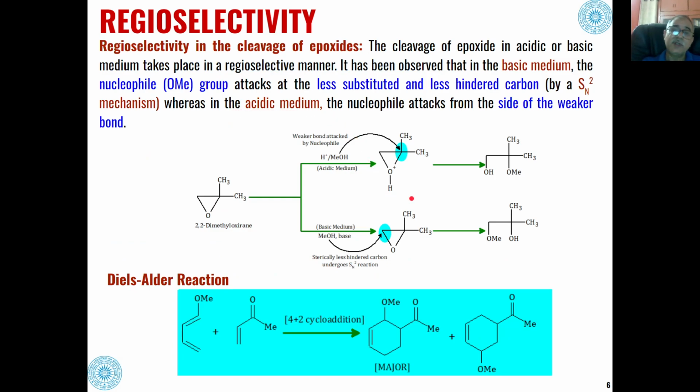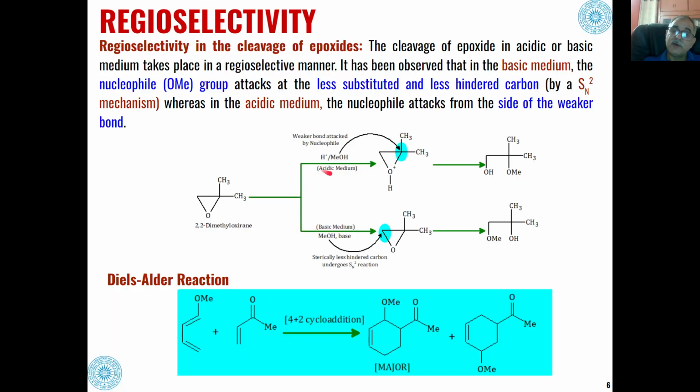Then regioselectivity, as we have seen in the earlier example also, in cleavage of epoxides. So again, for example, if we have this epoxide, 2,2-dimethyloxirane, and even if we change the reaction conditions, the behavior of this reagent changes towards the region at which the reaction will take place.